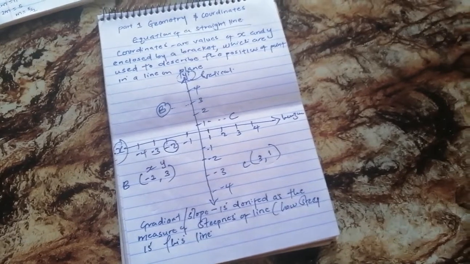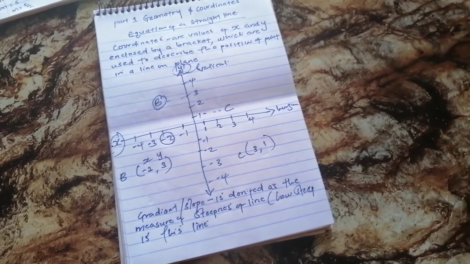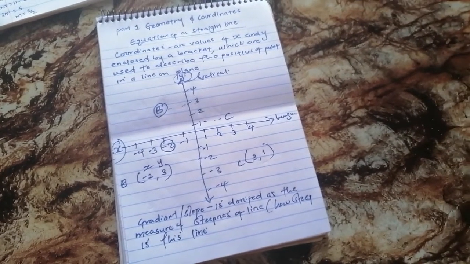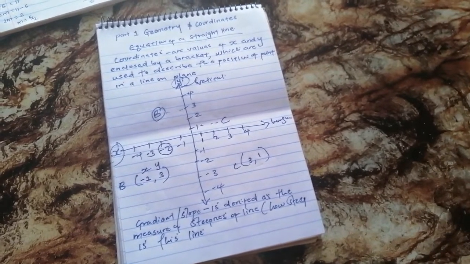So gradient is the same as steepness of a line, what we also call slope.